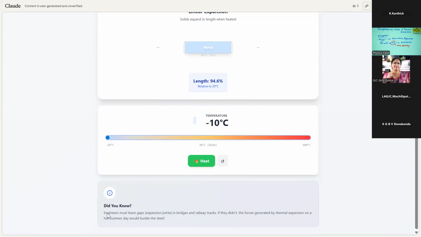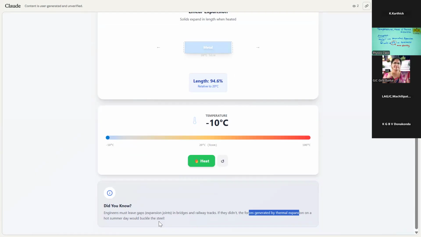Engineers must leave gaps, expansion joints, in bridges and railway tracks. If they did not, the forces generated by thermal expansion on a hot summer day would buckle the steel. This is why engineers design expansion joints in bridges and railway tracks.